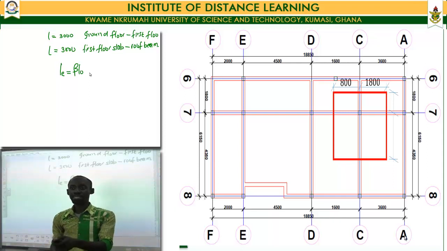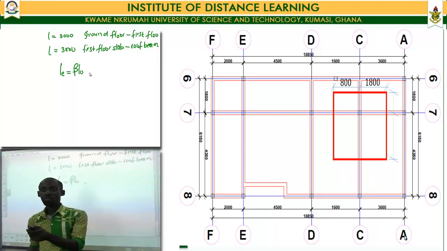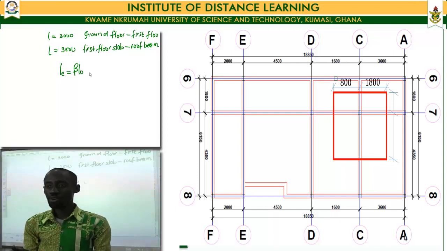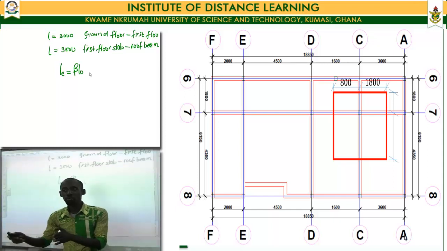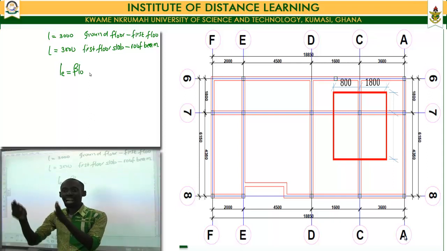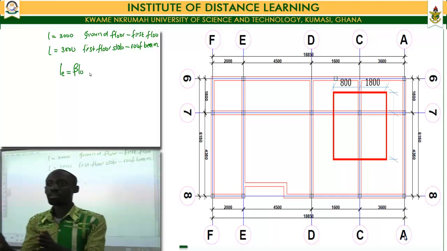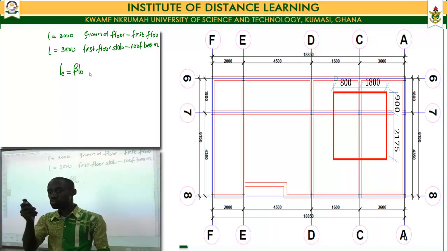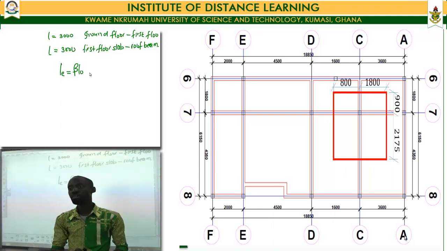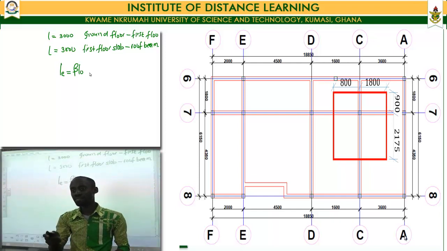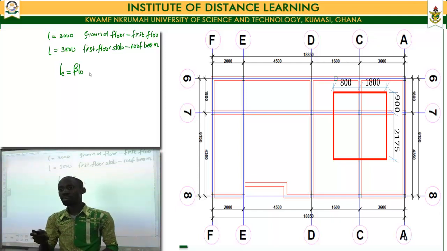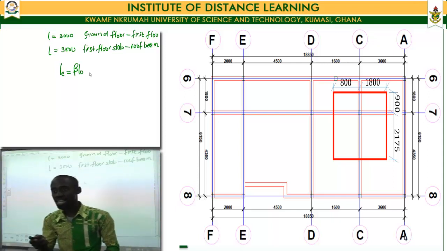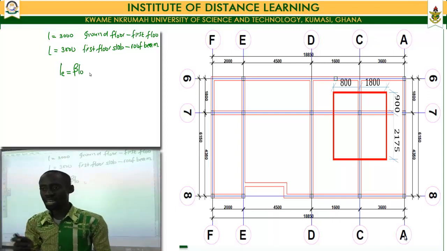Now between grade lines C and A, with a span of 3600, our grade line C7 would have to carry a span of 1800, which is half of the distance between C and A. Similarly, between grade lines 6 and 7, the span is 1800, and our grade line C7 is supposed to carry half of that span, which would be equal to 900.